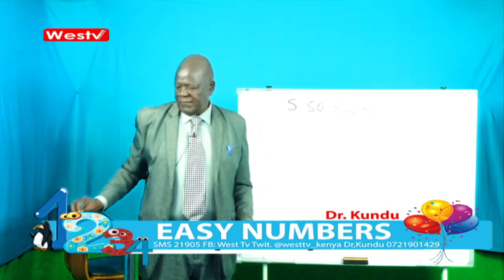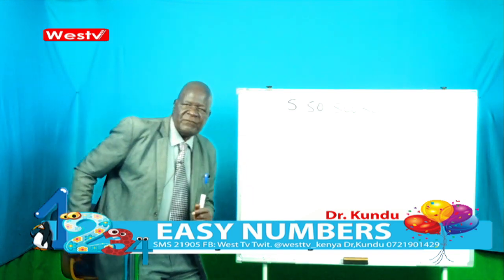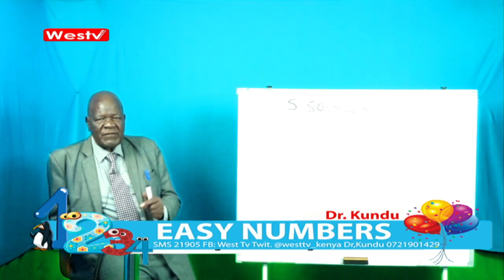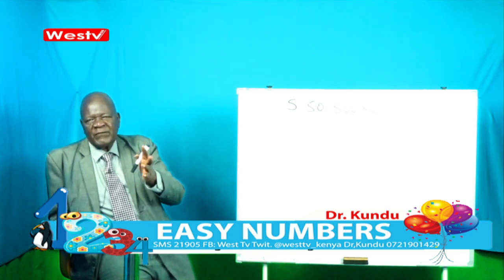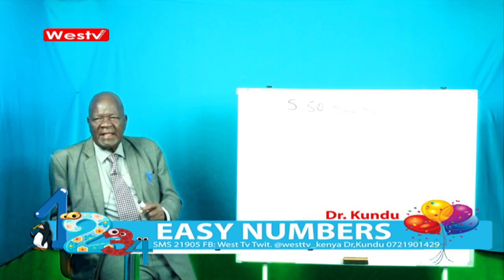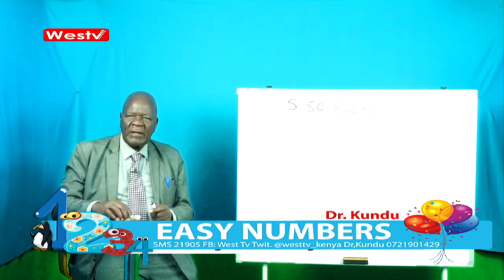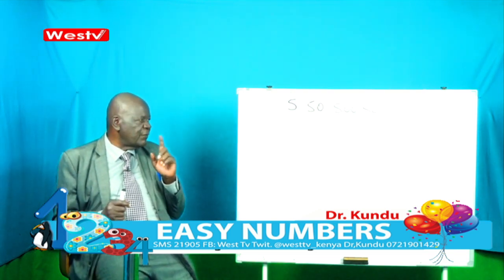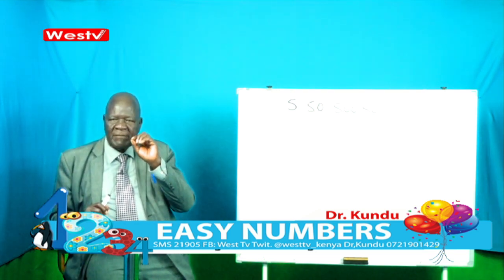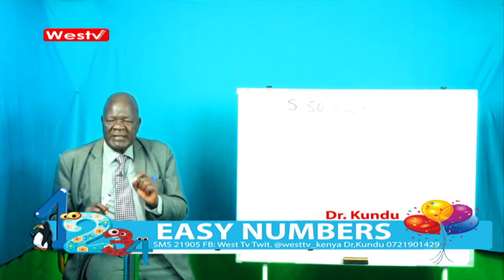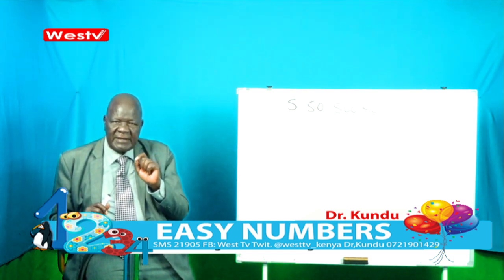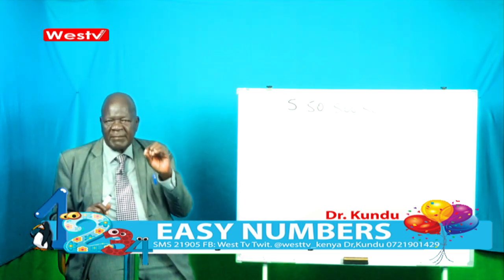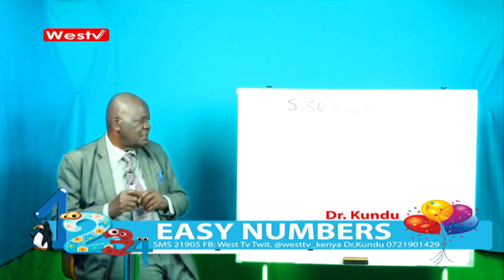That is still a 5. So 5, 50, 500, 5,000, 50,000, 5 million, 5 billion is still a 5 in all respects. So we are dealing with a 5 in multiplication, and we are dealing with even numbers. The multiplicand is an even number, and the multiplier is a 5.